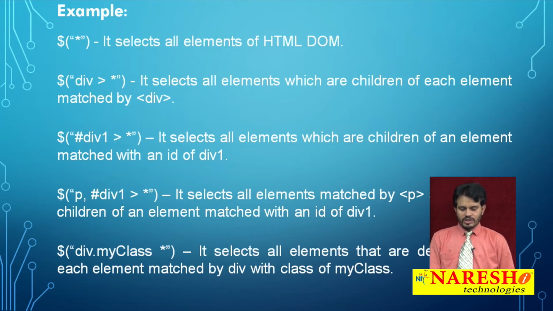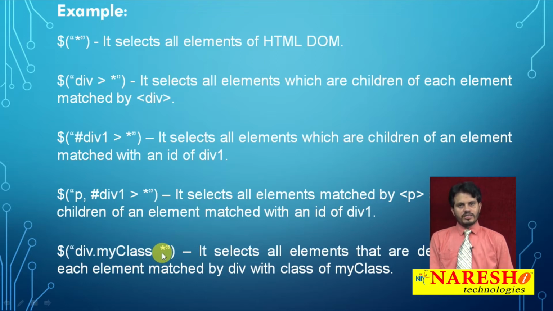Now the last example you can look at here. We are using a class selector, div.myclass, which means what? It selects elements matched by div with a class of myclass. But in this selector it is also mentioned space star, which means what? It selects all the elements, star means all the elements.